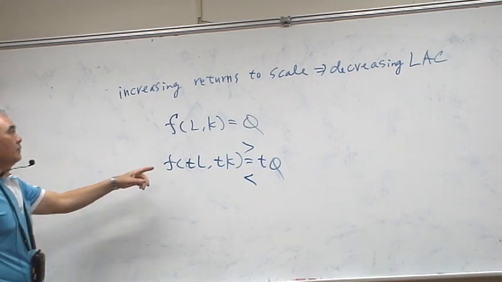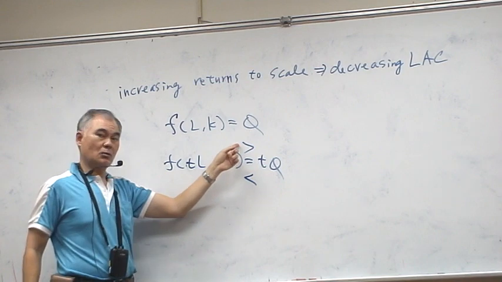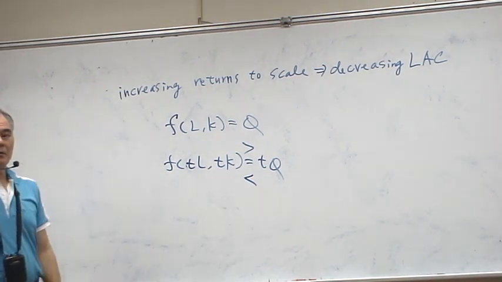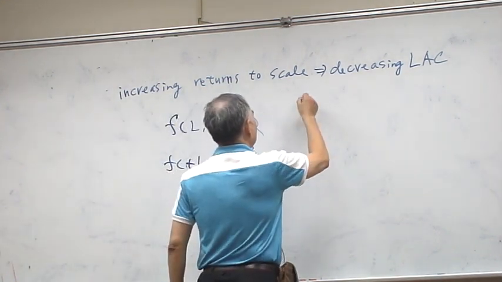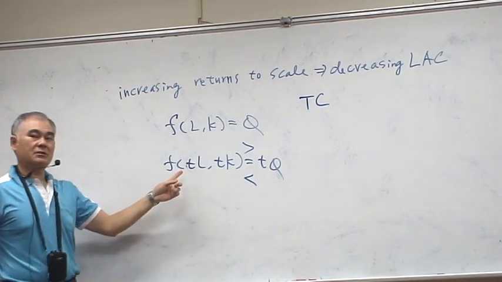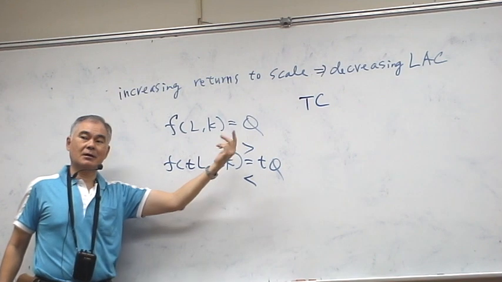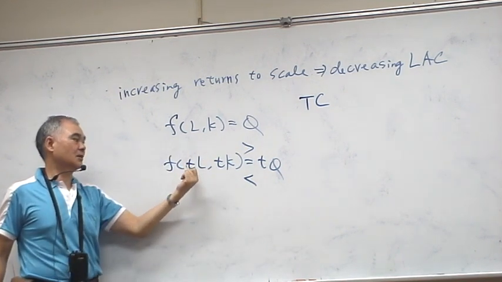And here we have increasing returns to scale. So it is this one, okay? Then we want to compare the cost. So the cost is TC, right? But if you double, then it will be 2TC. If you triple, it will be 3TC, and now it's t.